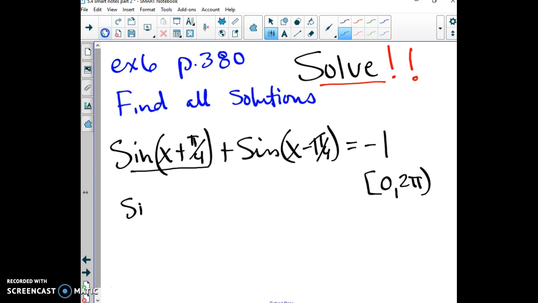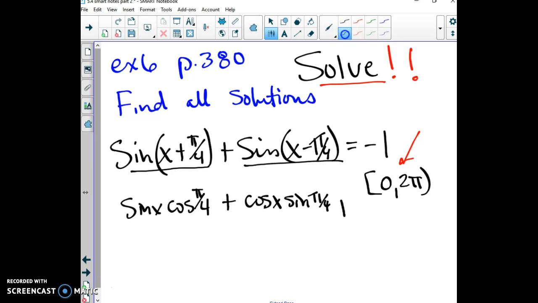This is sine x cosine pi fourths. We're going to add to that cosine x sine of pi fourths. And keep in mind we are on the interval 0 to 2 pi. And we're going to add to that the second part.